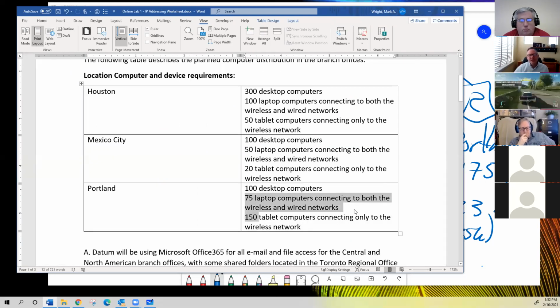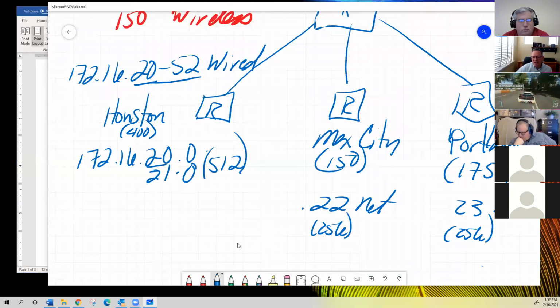So you're still under this 256, so you could use within that range for wireless. You could just break those out and do 3 class Cs for the wireless as well for those different sales sites or whatever.